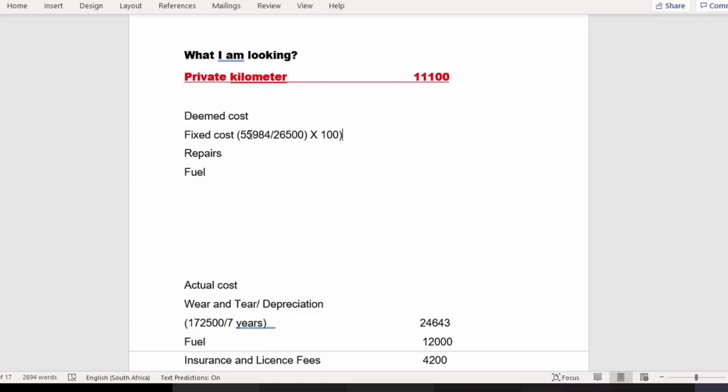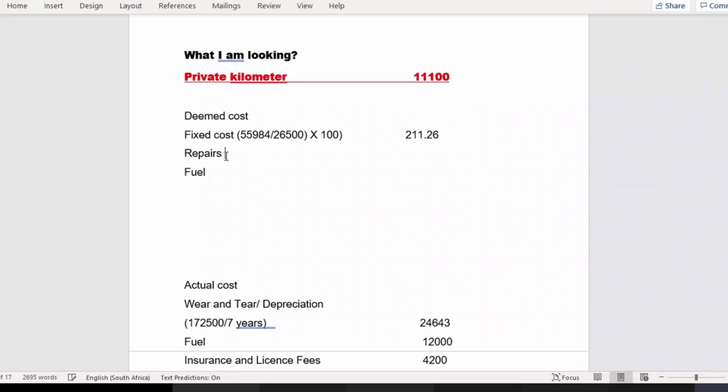Let me go to my calculator. 55,894 divided by 26,500, and then you multiply that by 100. So your figure will be 211.26. Right. So the repairs, you're going to take as it appears on your table.